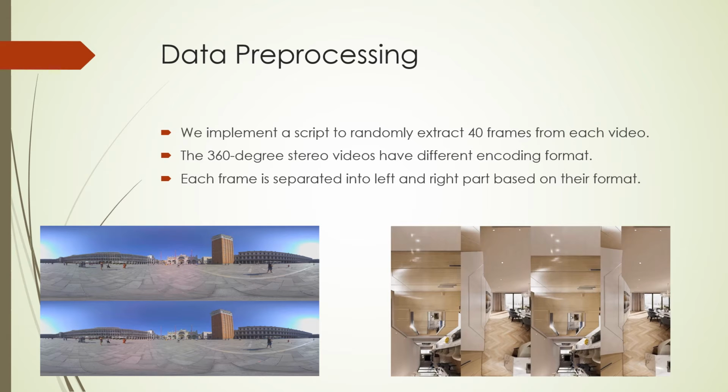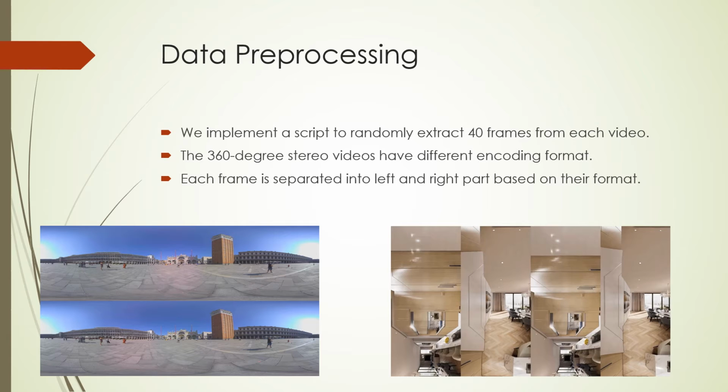One type of encoding format is as shown on the left side. When we download the stereo video, we can see each frame actually contains an upper half and a lower half. The upper half is the image rendered for the left eye, and the lower half is the image rendered for the right eye.